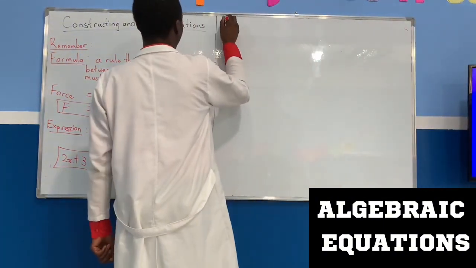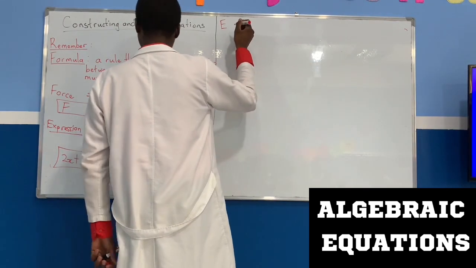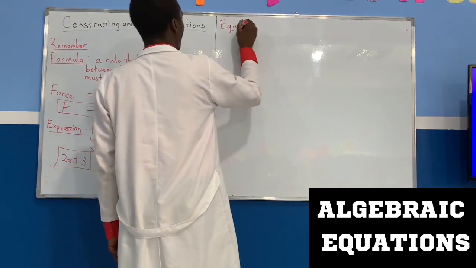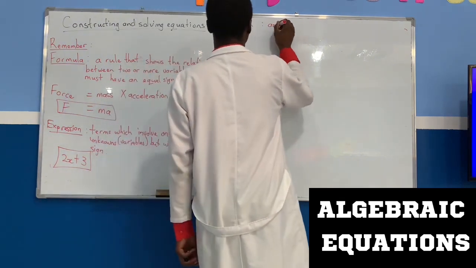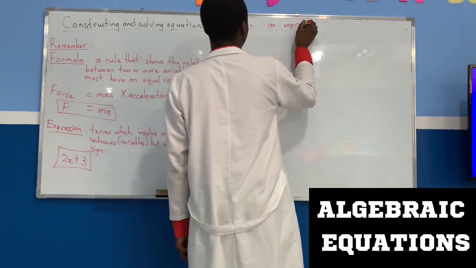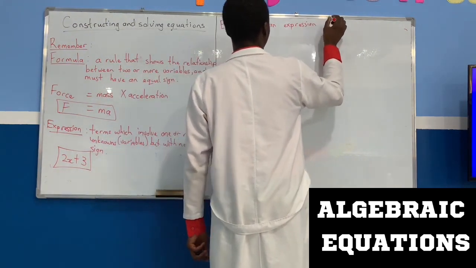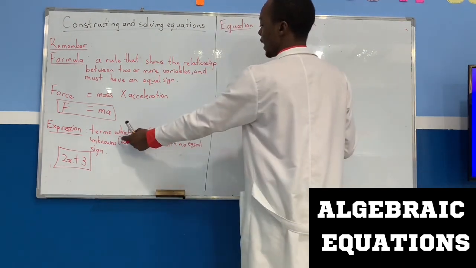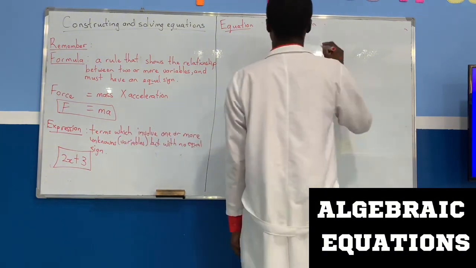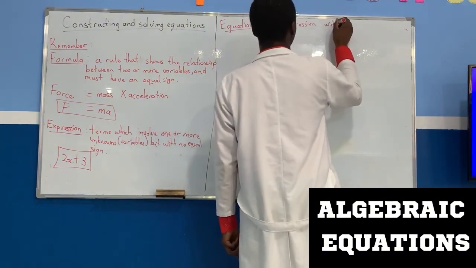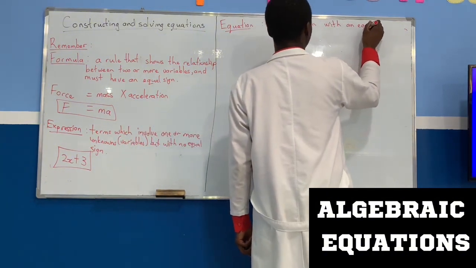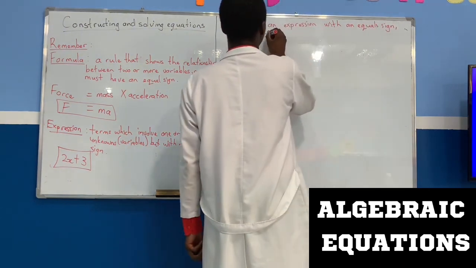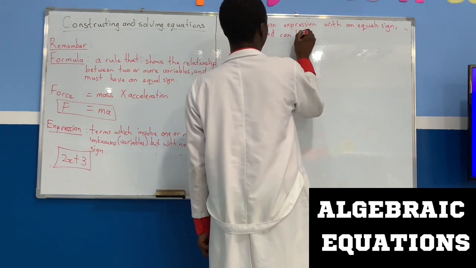Alright, so let's move on. When we talk about equations now, an equation is an expression that has one or more unknowns and also has an equal sign, but the major differentiating factor between an equation and a formula is that the equation can actually be solved to find the value of the unknown number.